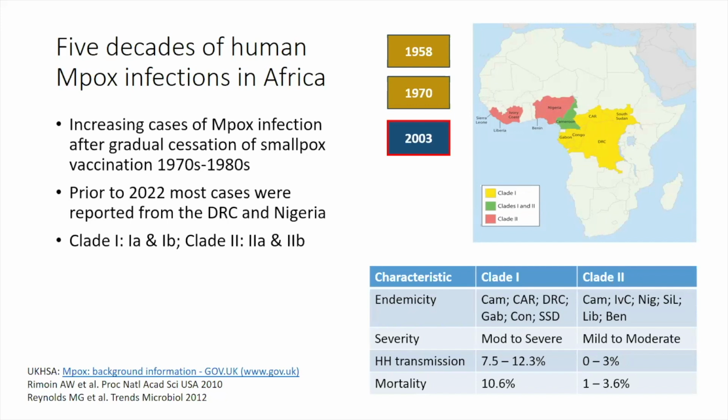The 2 clades in general are distinctly different from epidemiology and from clinical viewpoint. Clade 1 is more likely to be severe, with higher viremias, higher household transmission rate and higher mortality, which is very important to the current situation.